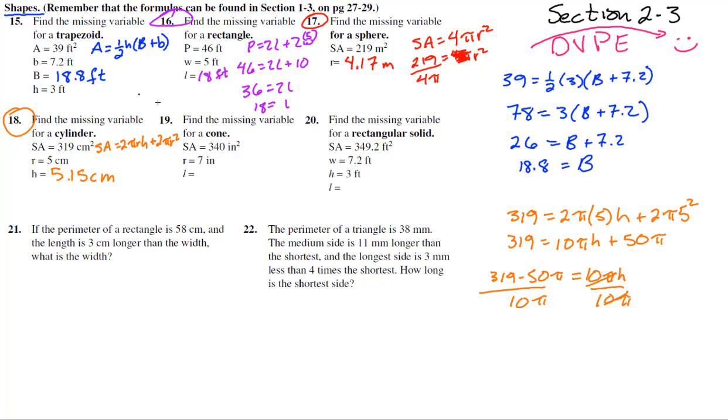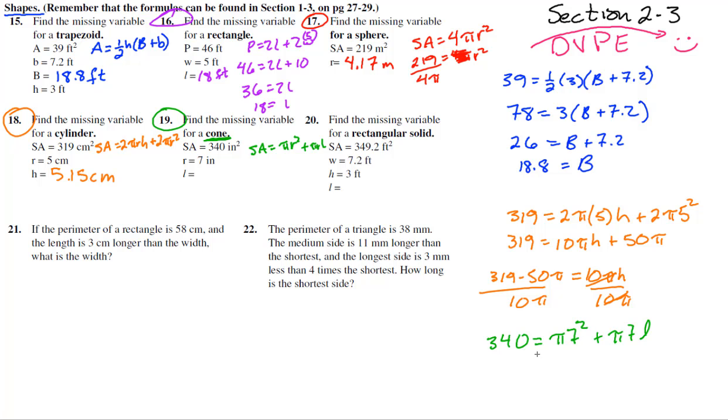Let's try number 19. Find the missing variable for a cone. So what's the formula for a cone with surface area? Surface area is pi r squared plus pi rl. All right, let's stick those in. We get 340 equals pi times radius squared, so pi times 7 squared, plus pi times 7 times L. Okay, so any fractions?